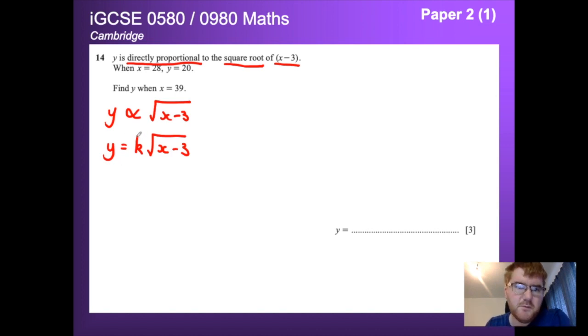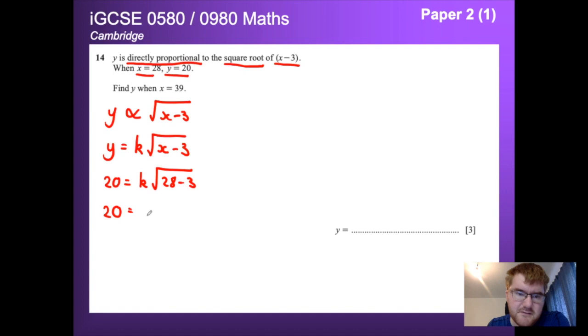Now we want to work out what k is, so we use our first initial conditions. When x is equal to 28, y is equal to 20. So we go 20 is equal to k, square root of 28 minus 3. And it's just working through the algebra here. So 28 minus 3 is equal to 25.